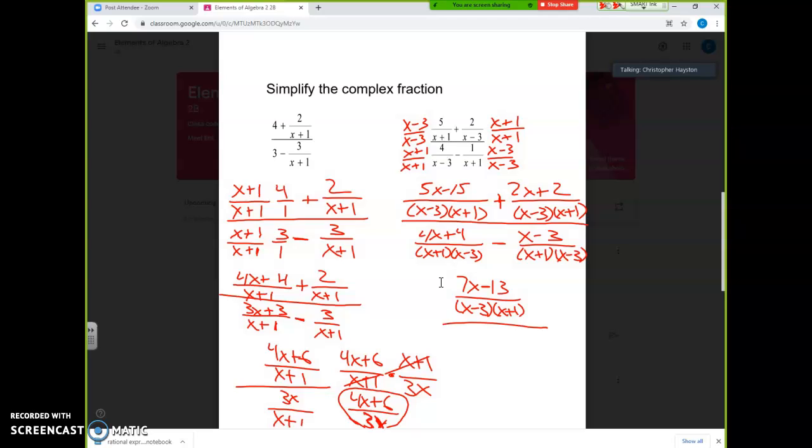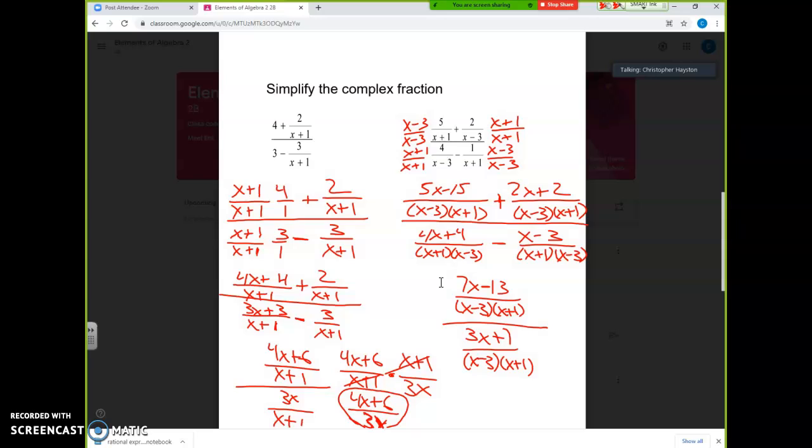But on the bottom, I've got to distribute that negative. 4x minus x is 3x. 4 minus a negative 3 is a positive 3. So 4 minus a negative 3 becomes positive 3. 4 and 3 is 7. And that's over x minus 3, x plus 1.